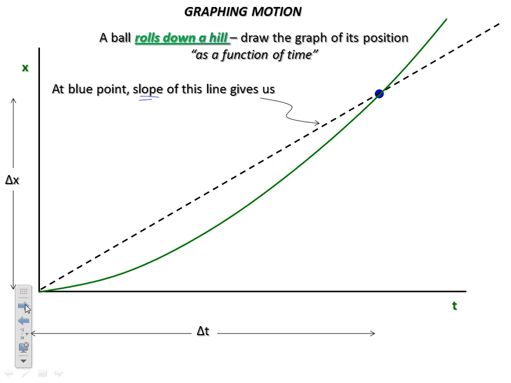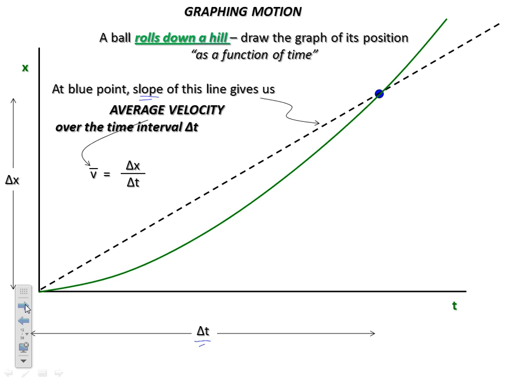We know that slope gives us velocity. Now, a few days ago, I bet I said it's going to be rare for us to just use the word velocity. We're going to have to be pretty specific about what velocity we're referring to. So if we look at the slope of this line, it gives us what we call the average velocity that object has had over this time interval, delta t.